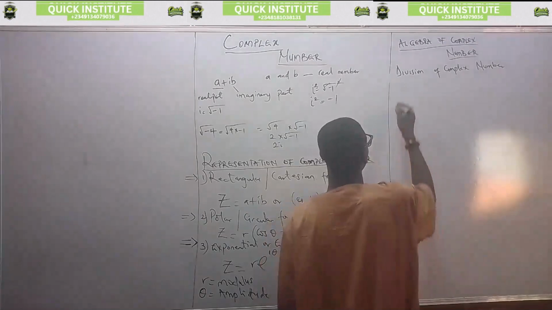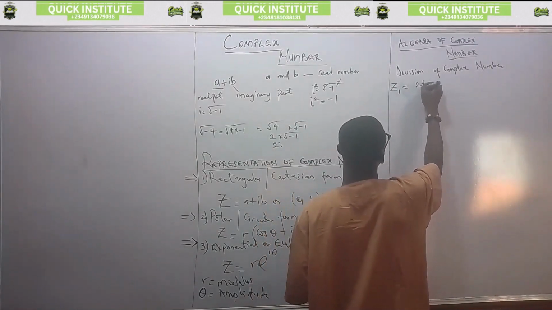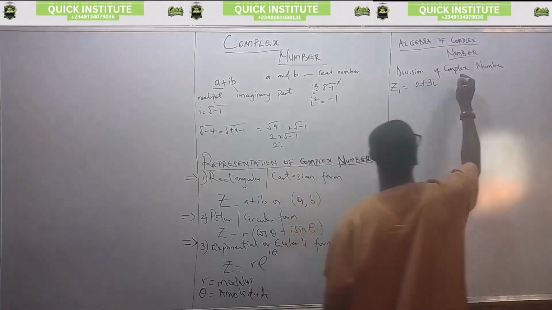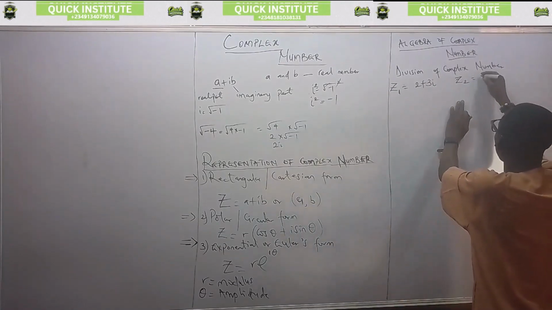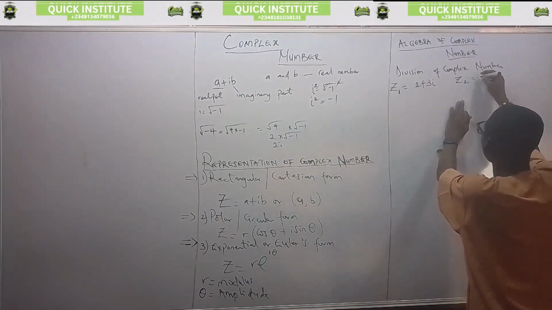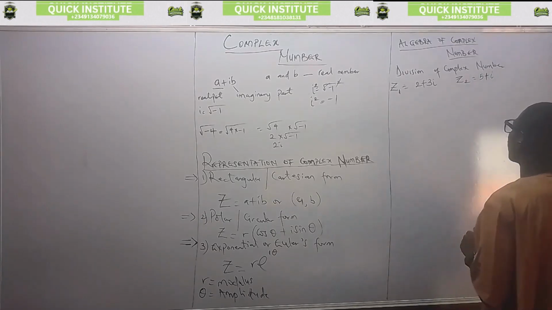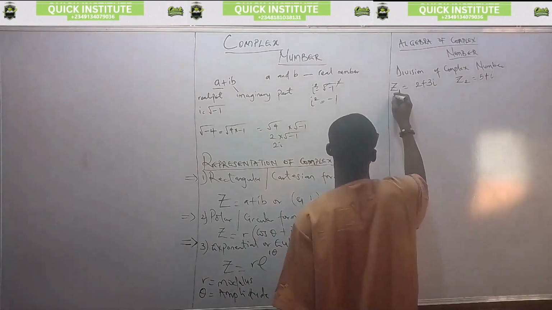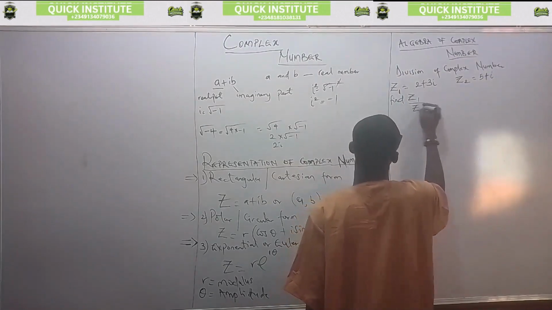Let's see, we have z1 to be 2 plus 3i, and z2 to be 5 plus i. And they say find z1 over z2.